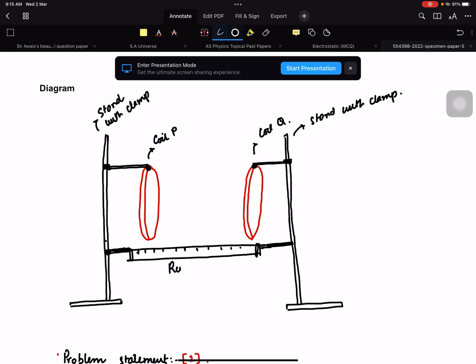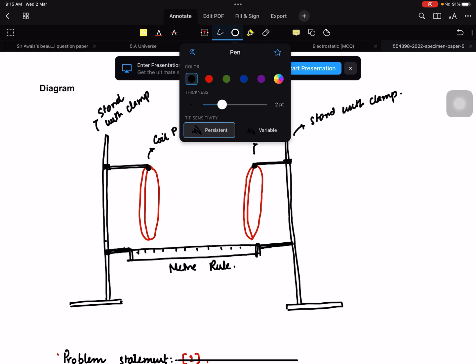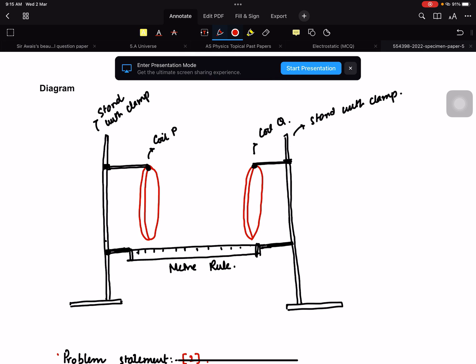So this is the meter rule that you have connected like this. Now we already know that this will help us find this distance, which is from here till here.